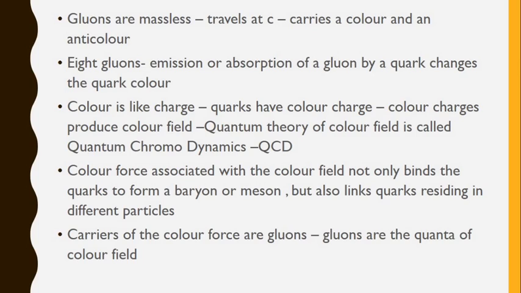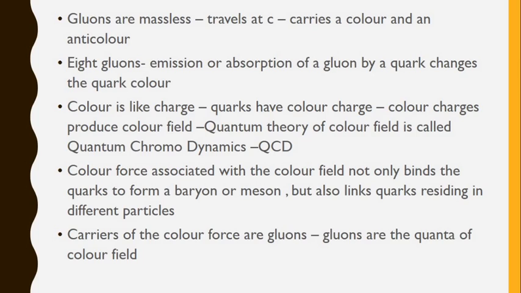We know that if an electric charge is placed at a point, there is a region around that electric charge where we can experience a force. That field is known as the electric field, isn't it? If the quark has color charge, this color charge will produce a color field. And the quantum theory of color field is called quantum chromodynamics, QCD.